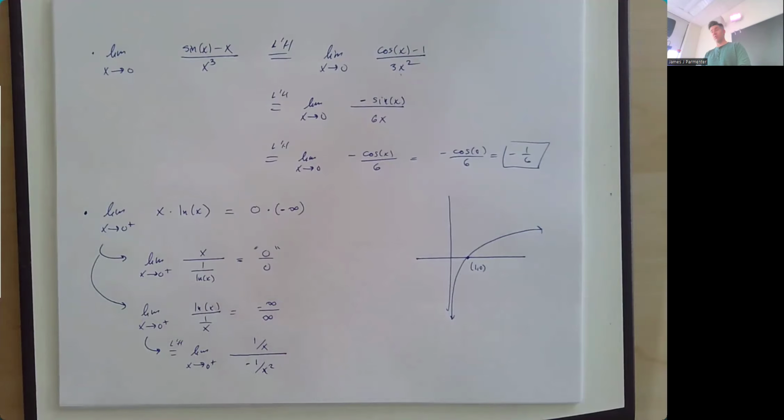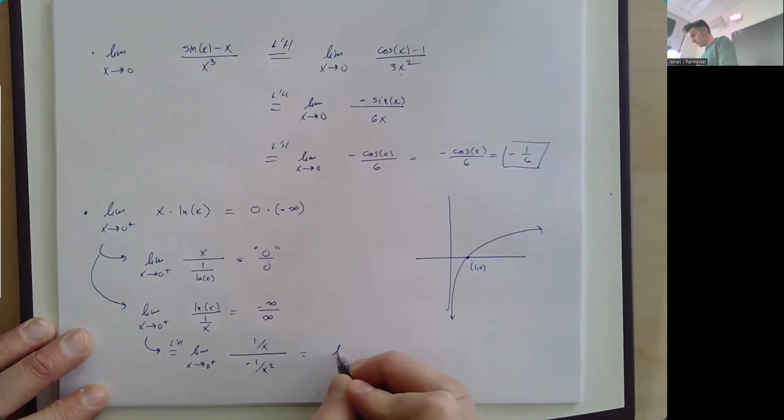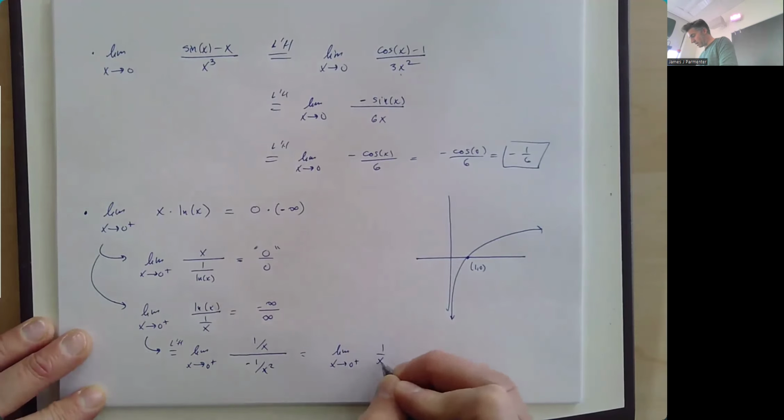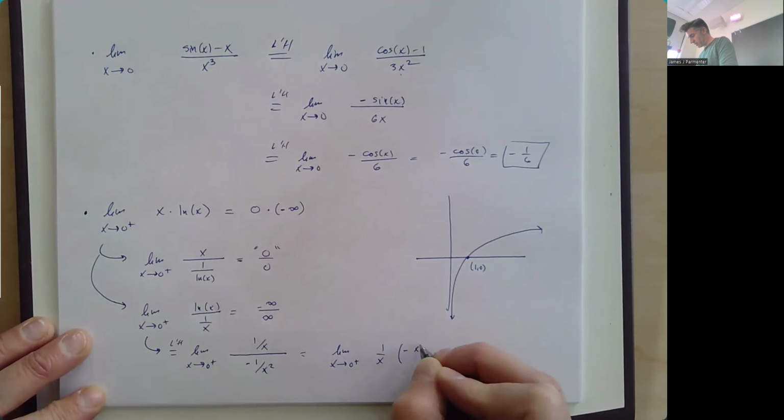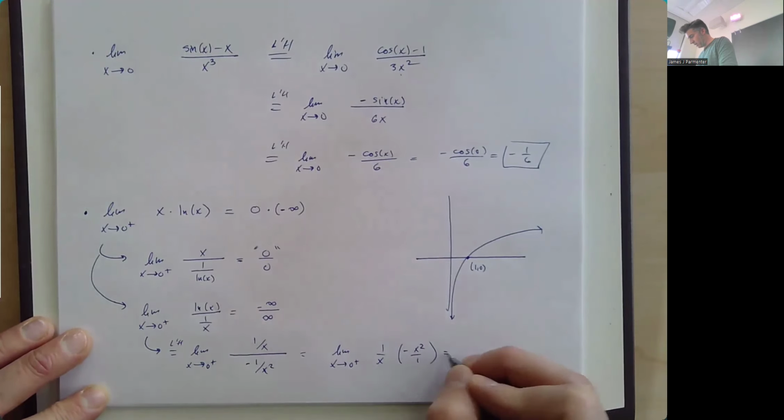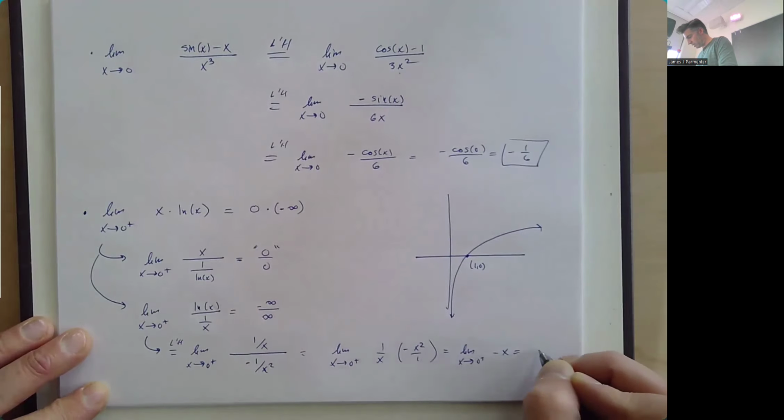Instead of using L'Hopital's rule again, because we have an infinity over a negative infinity type, we should simplify. We should rewrite this as the limit as x goes to 0 from the right of 1 over x times negative x squared over 1, which is just the limit as x goes to 0 from the right of negative x, which is 0.